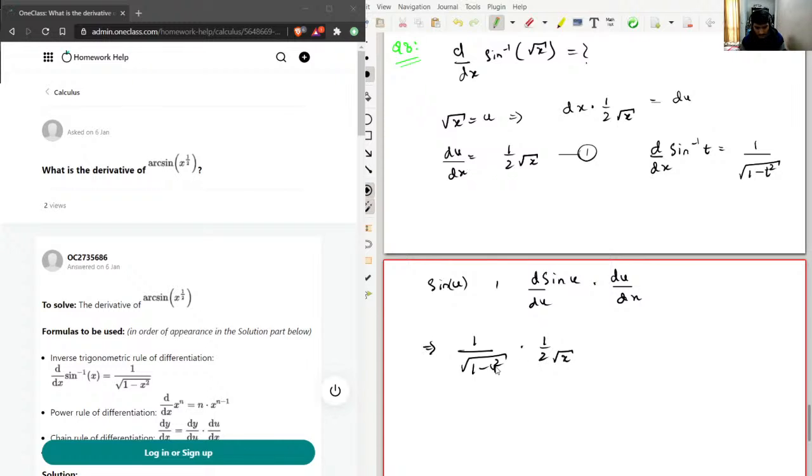Now I'll substitute the value of square root of x back here, u back here. So this was 1 over under root of 1 minus square root of x square, and then this will be 1 over 2 times square root of x.